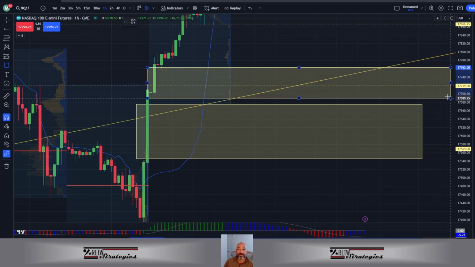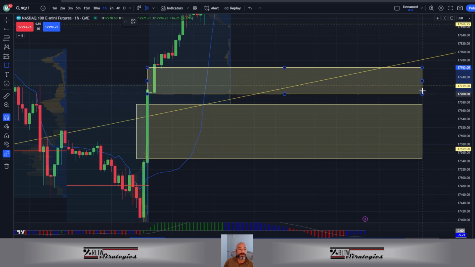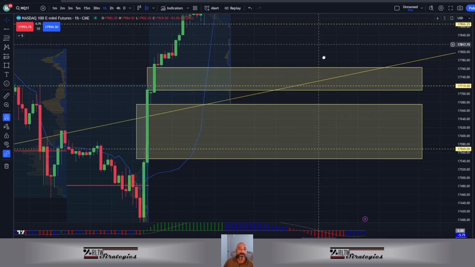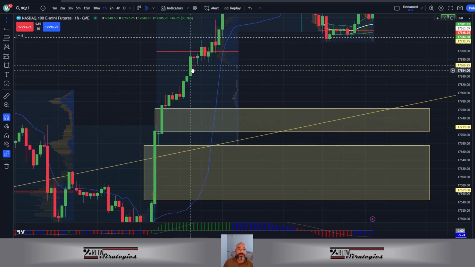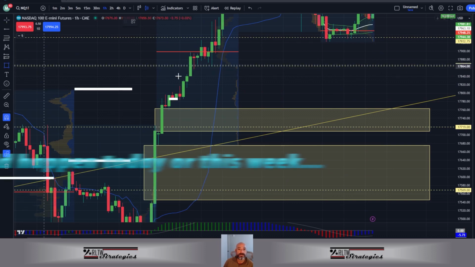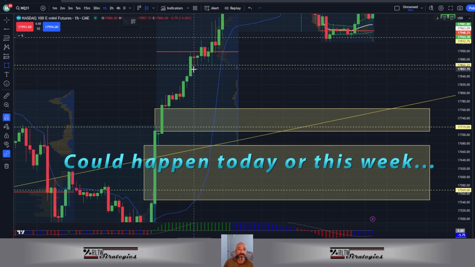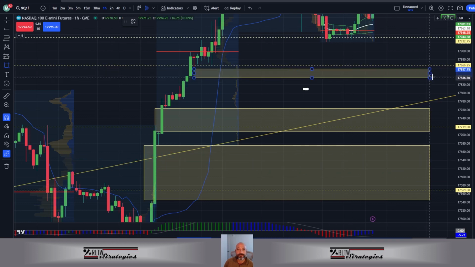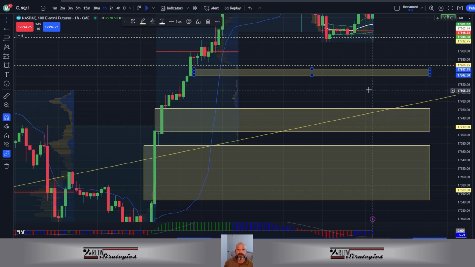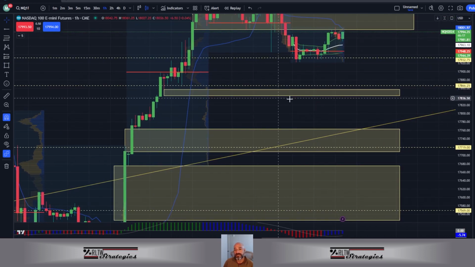Got another one here. Price may come back down in this level. No, yes, we got a little area here. And you see these are low volume areas. These are all low volume areas. All this means is an area which price will possibly revisit, okay?